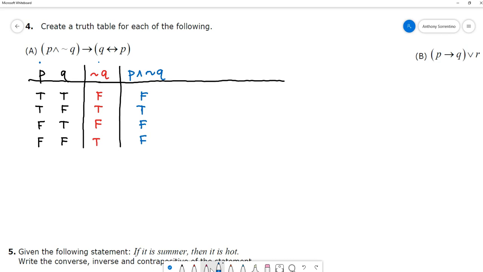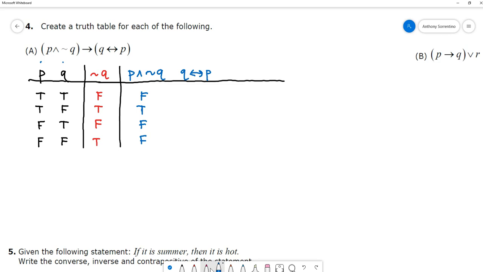Whereas when I look at now, erase these, Q, if and only if P, so biconditional. So I'm still looking at these two, and the only way for that to be a true statement is for P and Q to have the same truth value.